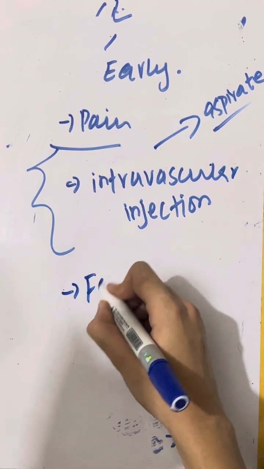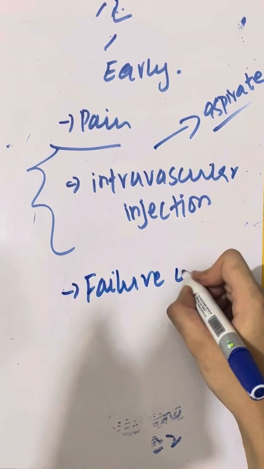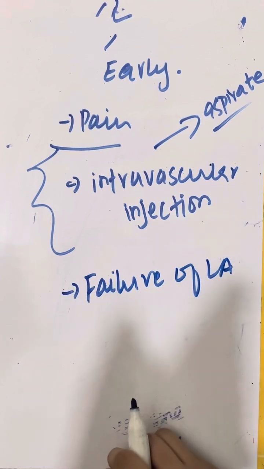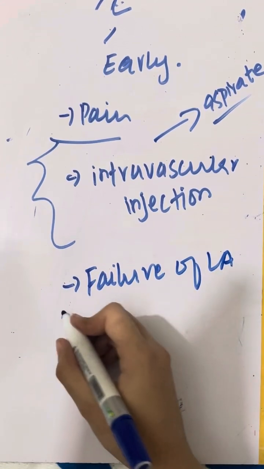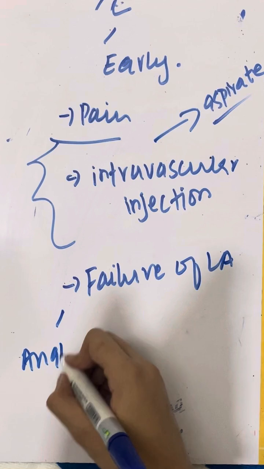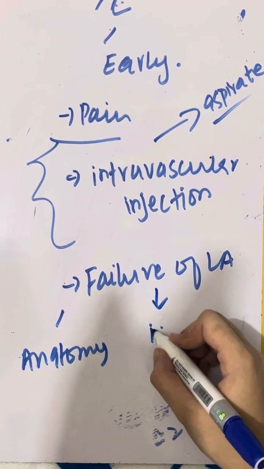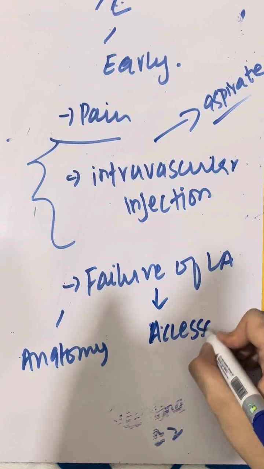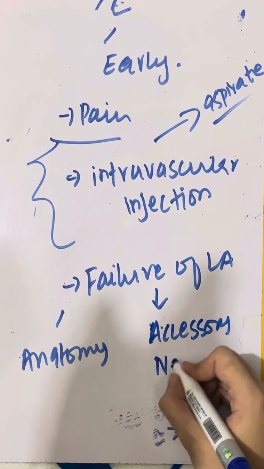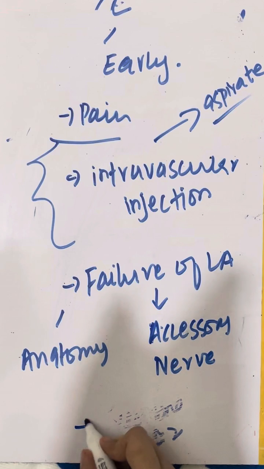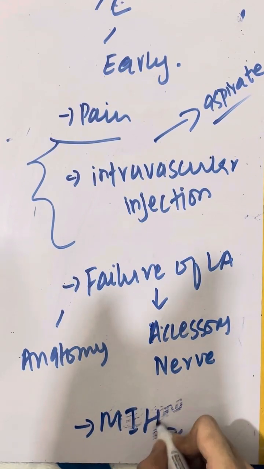Then comes failure of LA. Why does local anesthesia fail? It fails because of the anatomy, accessory nerves, and molar enamel hypomineralization.